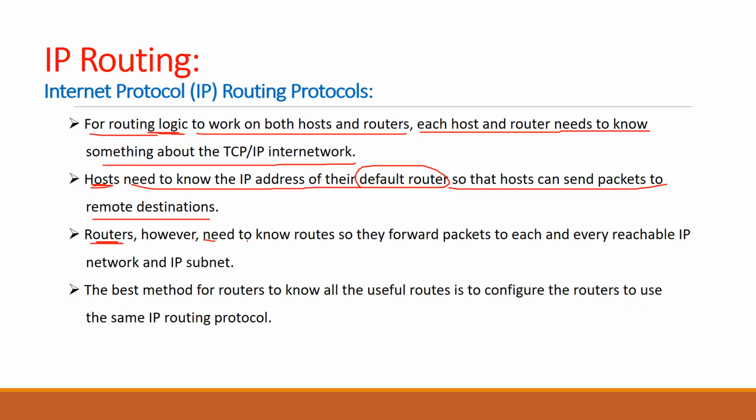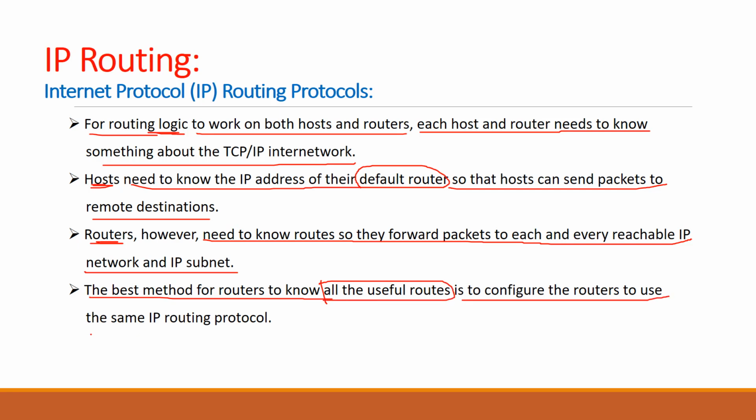Routers need to know routes so they can forward packets to each and every reachable IP network and IP subnet. The best method for routers to know all useful routes is to configure the routers to use the same IP routing protocol. So routers learn routes through routing protocols.